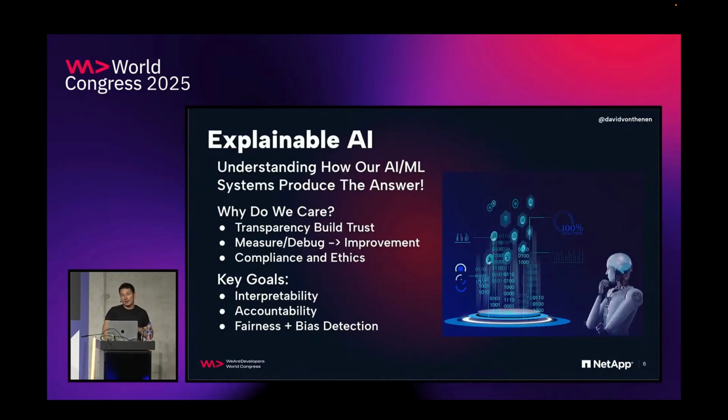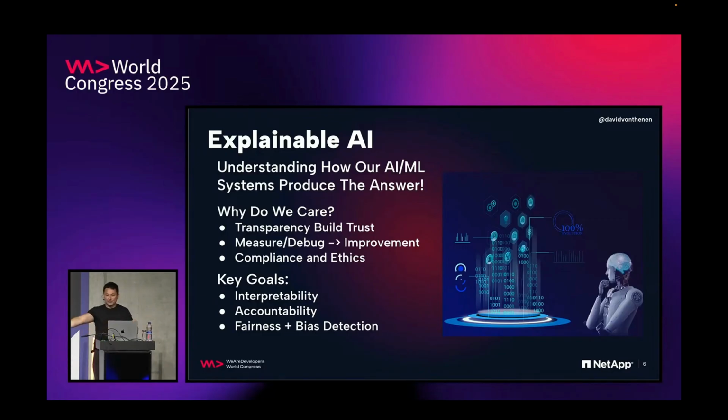So, what is explainable AI? It's understanding what our AI and ML systems are doing and how they're arriving at the answers that they're arriving at. So why do we care, right? It's really to build transparency, to make the systems transparent so we know what they're doing. And you do that by measurements, right? Scientific method, hopefully you're a fan of it. But you need to measure things in order to improve them, right?